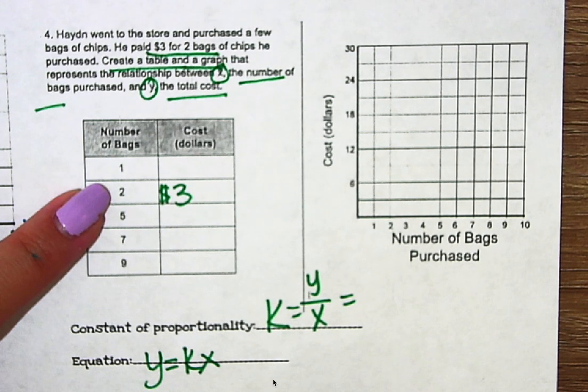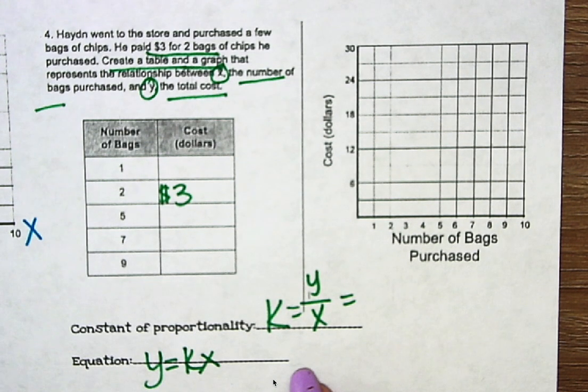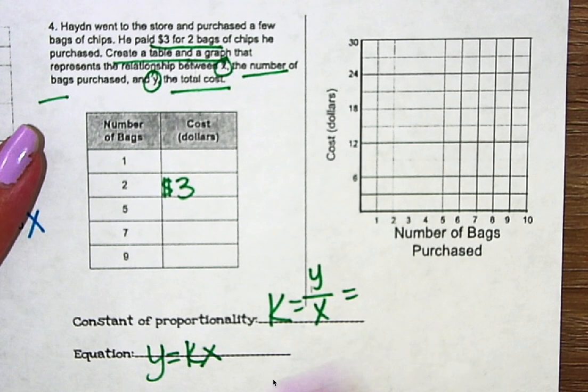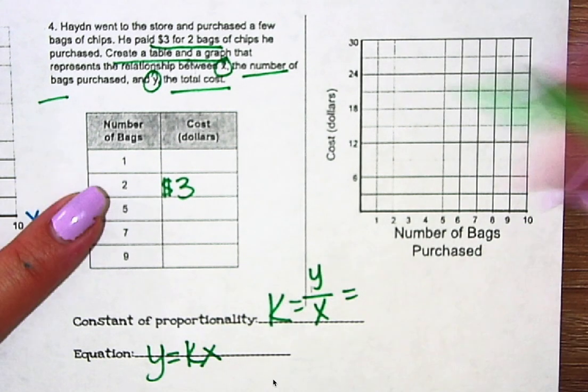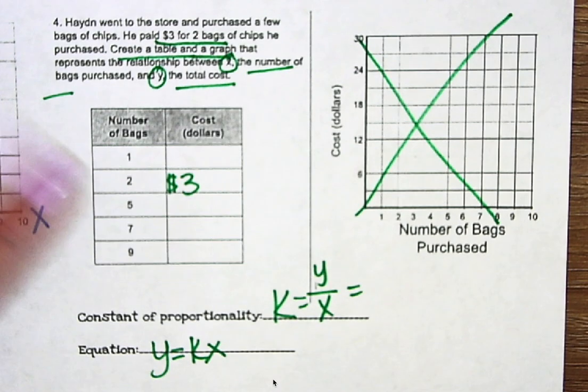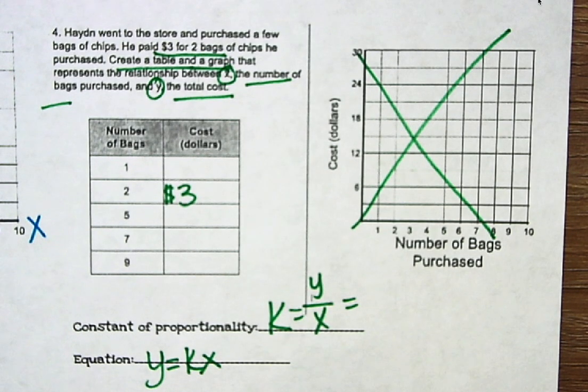Okay, this is the question I want you to finish besides the points. I want you to find your k first and then your equation. And then you're going to fill in the table. Don't worry about the graph here. I just want you to do these three things. Okay, when you're finished, come check with me. And then you can start the practice.